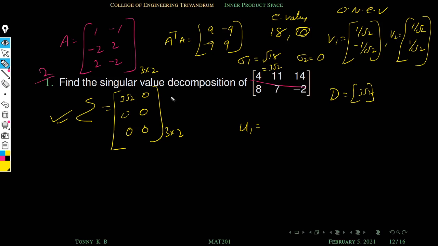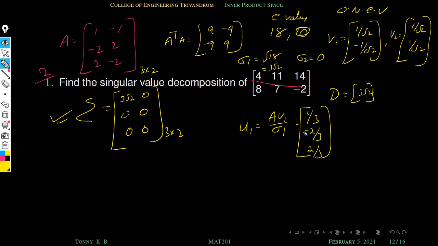Here A is this matrix and V1 is this vector. You consider AV1 divided by sigma 1, where sigma 1 is 3 root 2. After simplification, we get 1 by 3, minus 2 by 3, 2 by 3. This vector should be a unit vector, because sigma 1 is the norm of AV1. So U1 is a unit vector.